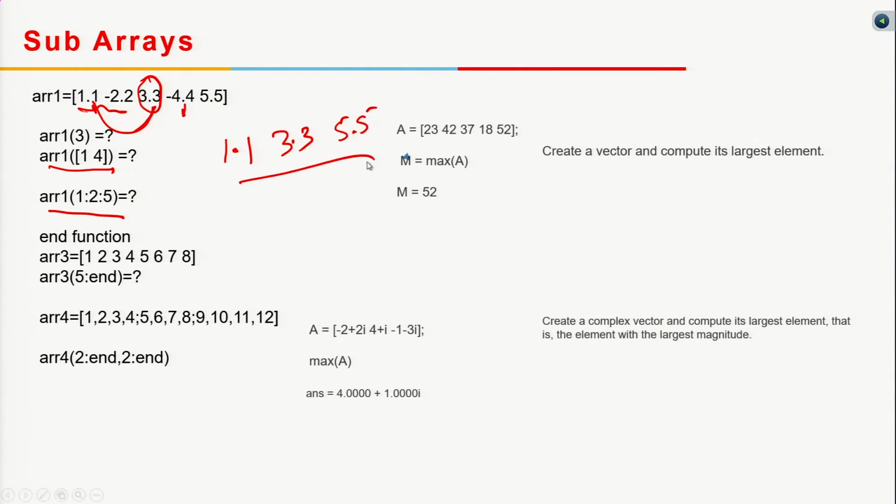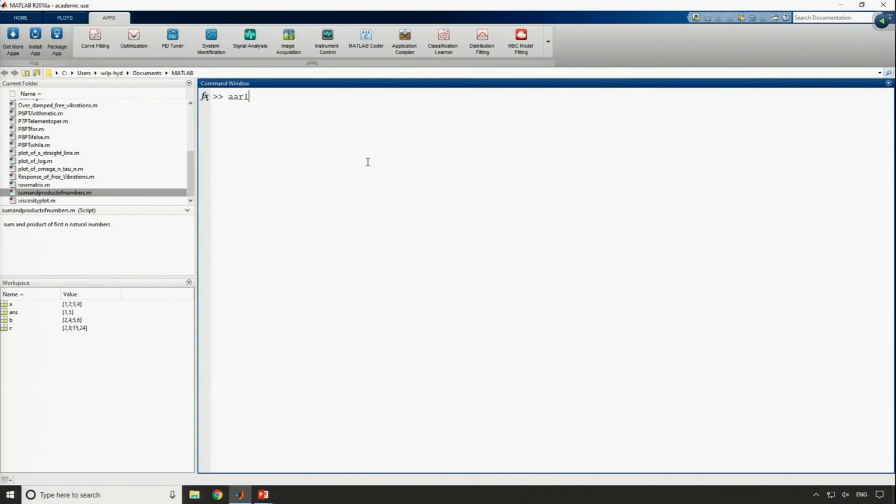Let us look in MATLAB. The first value of my array 1 is 1.1, then 2.2, and you can either use a space or a comma. Anything will do. Now array 1: we are starting with the first element, we are incrementing, and we are finalizing.